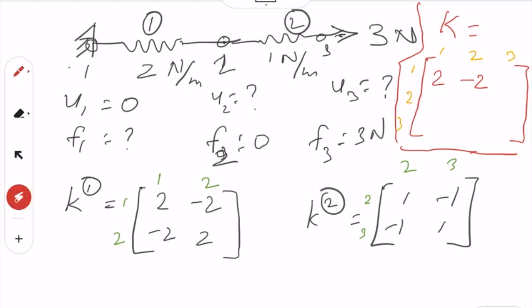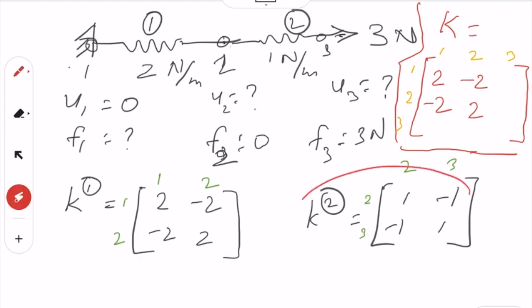Then K21 is minus 2, so minus 2. K22 is 2, so we write 2 here. Now we have completed K1.